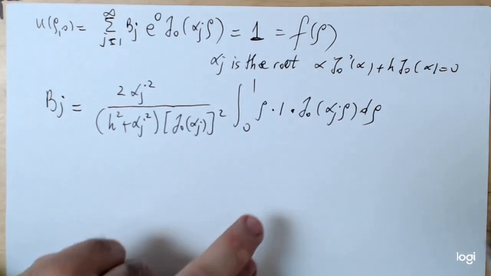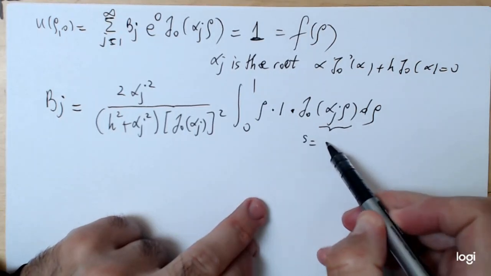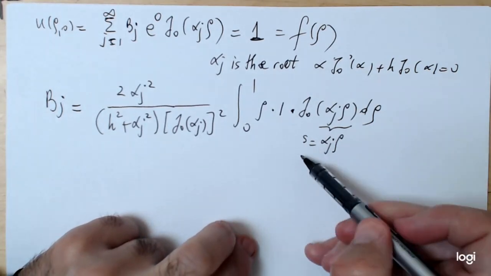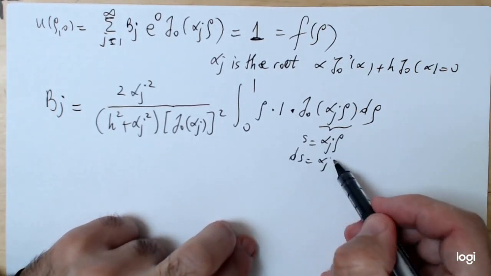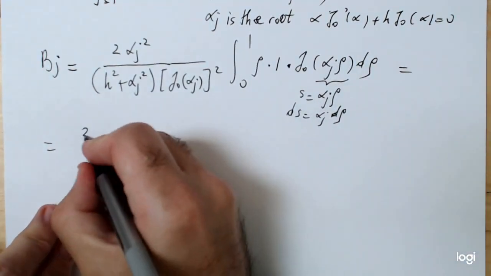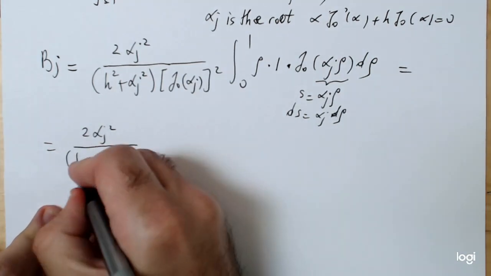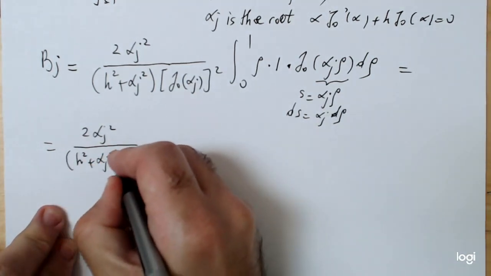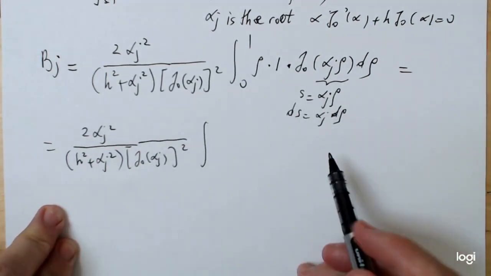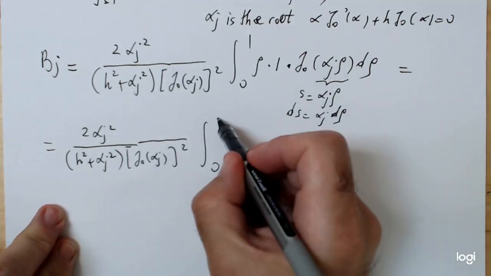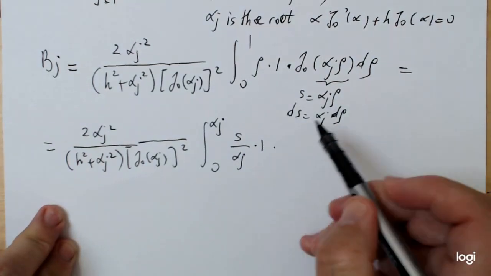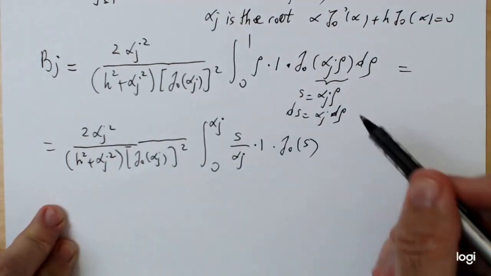Remember, when you evaluate these integrals, you always start by performing the substitution s equals alpha j rho. Do that all the time. So then, let's see, ds is alpha j d rho. Some change of variables, change of the integration bounds, which are now from 0 to alpha j. Rho is s over alpha j, and this becomes J naught of s.